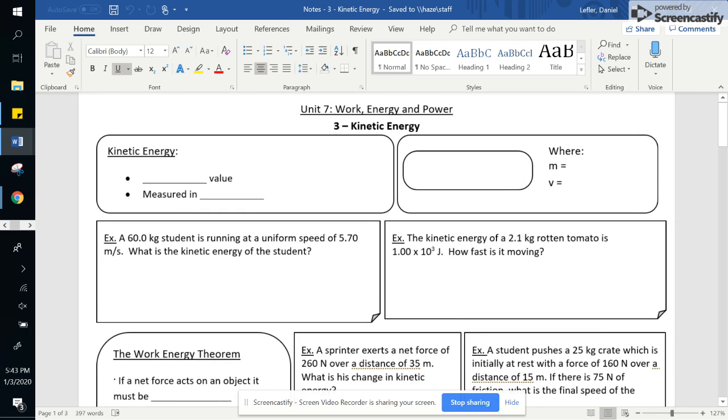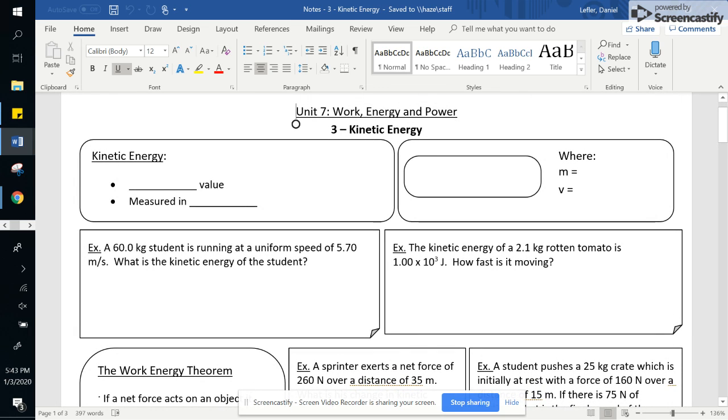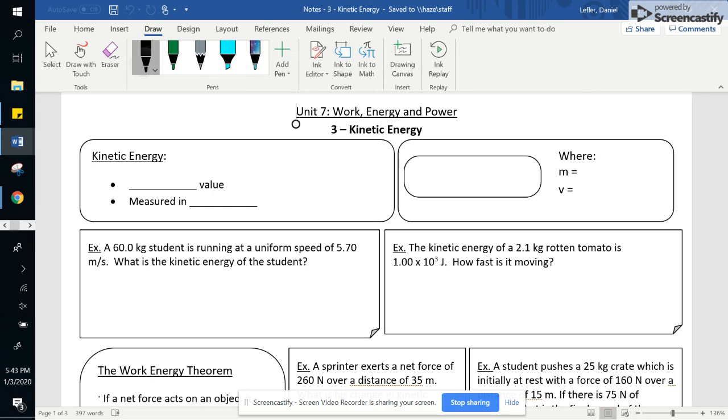In this video, what we are going to talk about is kinetic energy. So what kinetic energy is, it's just the energy of motion. So anything that is moving has some amount of kinetic energy.